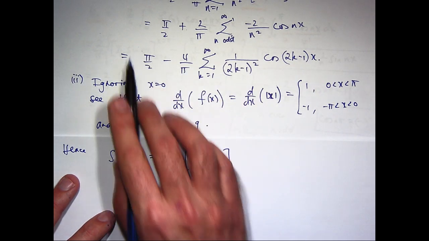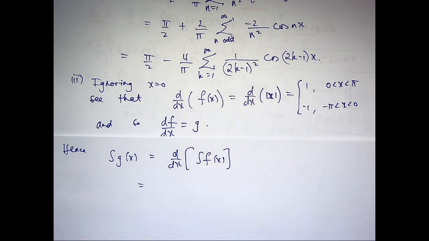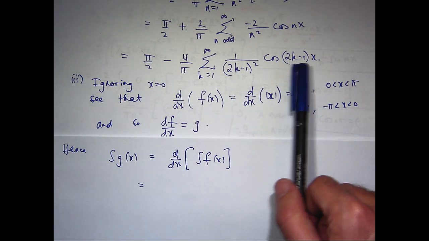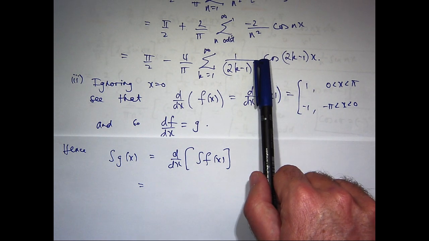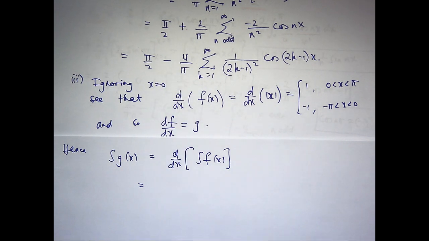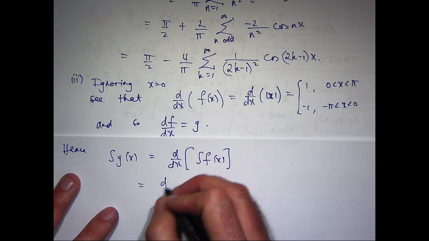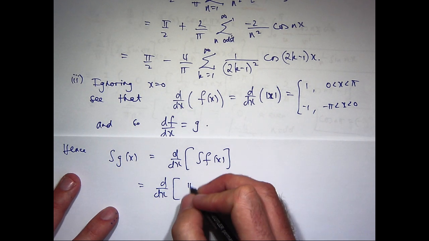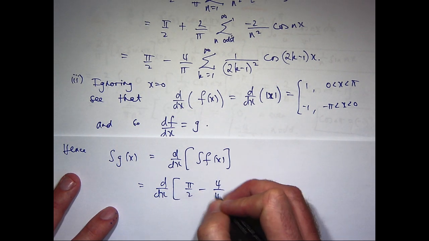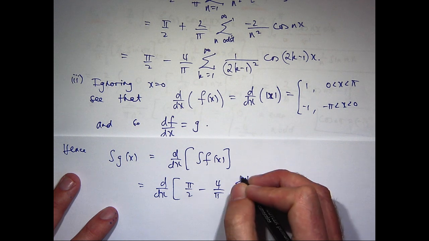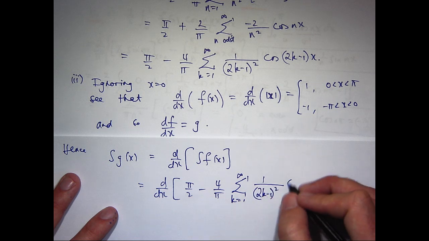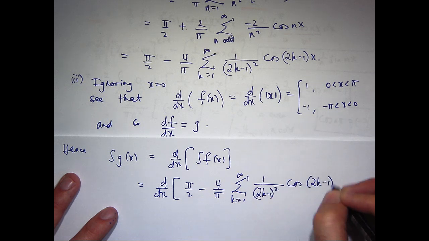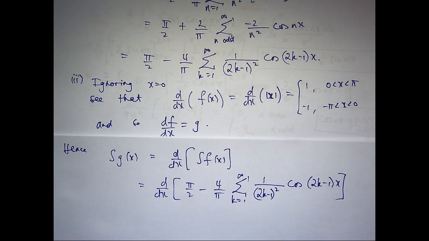Well, that's going to become 0, and each term in the series, well, the cosine is going to go to a minus sign. The 2k minus 1 is going to come out the front. So let's see if we can clean that up a bit. The cosine is going to go to negative sine.